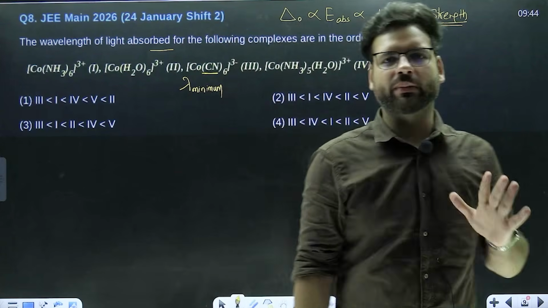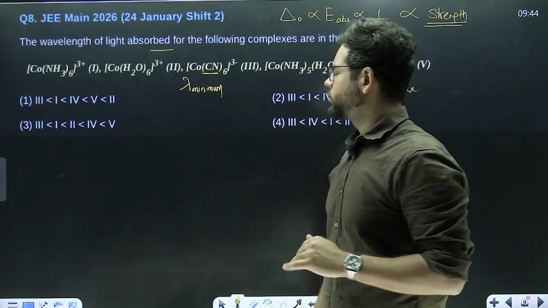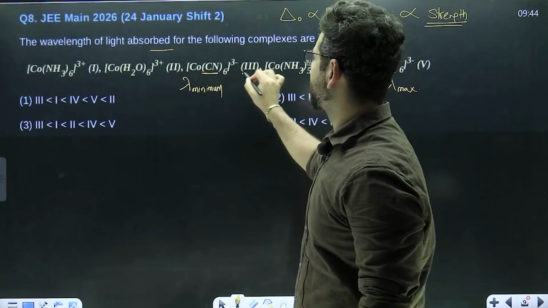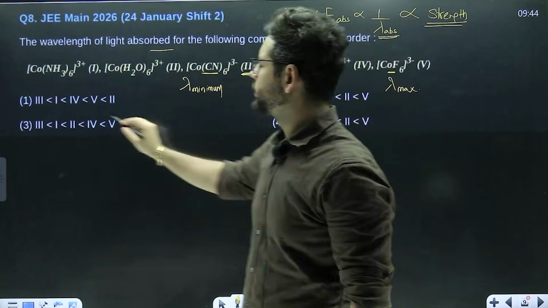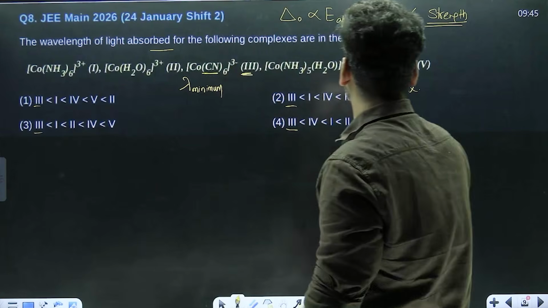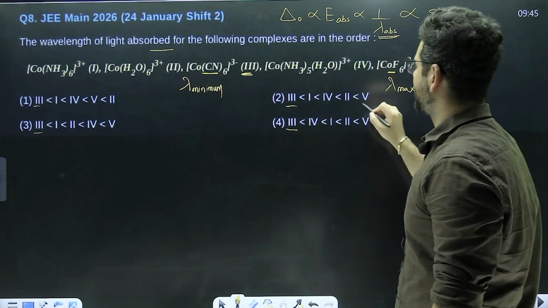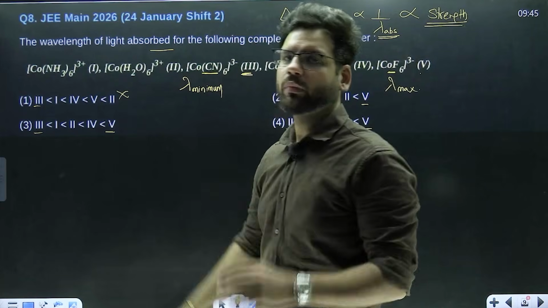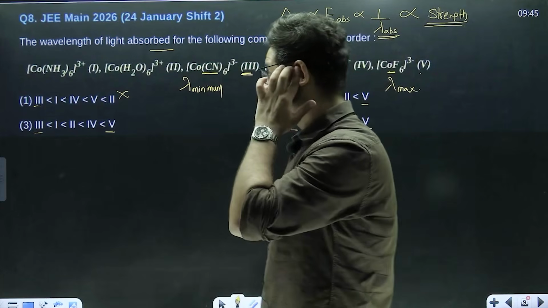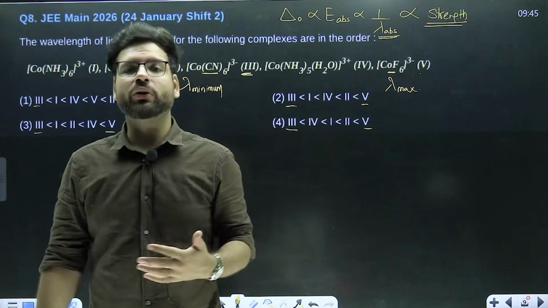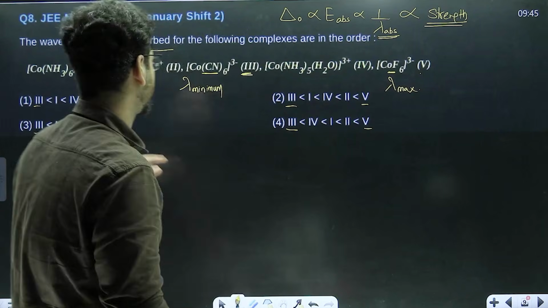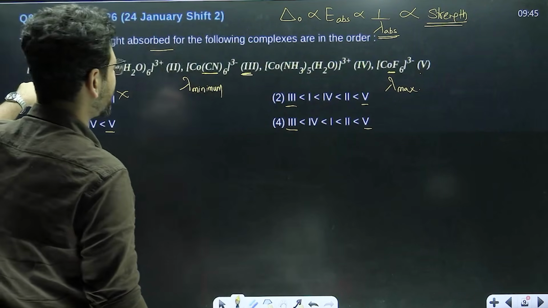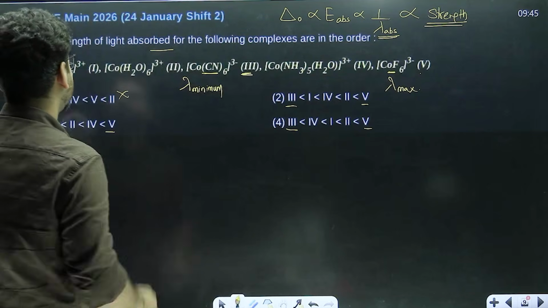First I have checked the maxima and minima. The third one has the minimum lambda, and the fifth one has the maximum lambda. So the first option goes out. Now let's check ammonia versus water. Ammonia is a stronger ligand as compared to water, so its lambda will be less.